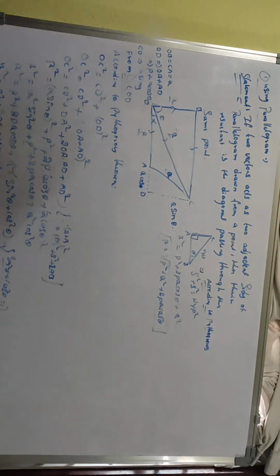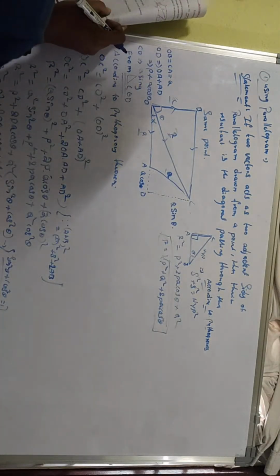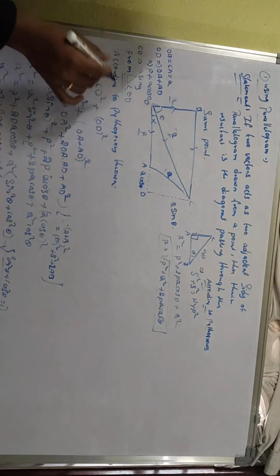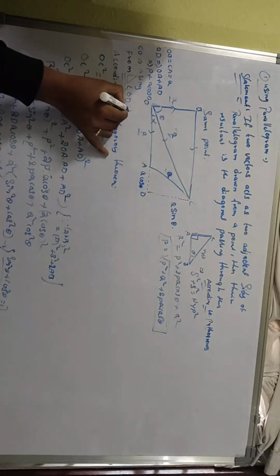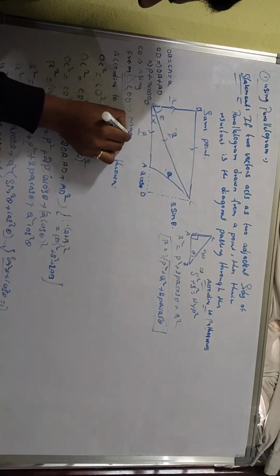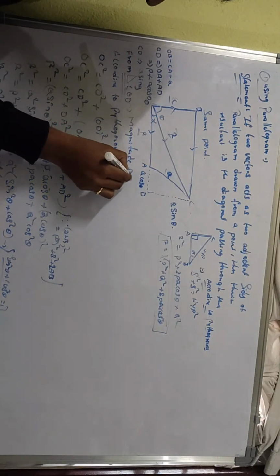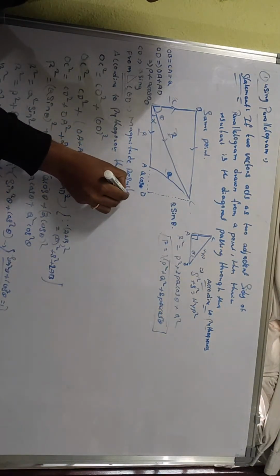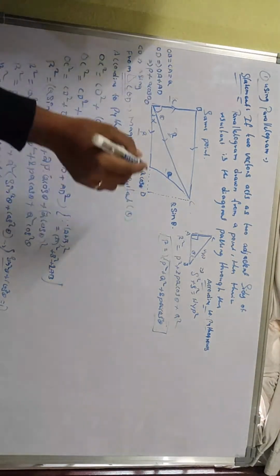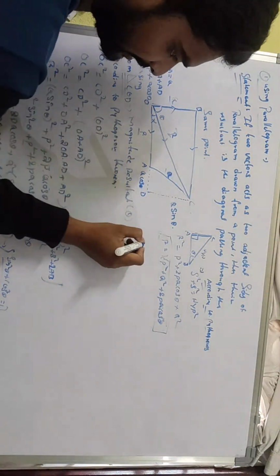Now it's time to find the direction of the resultant. First we did the magnitude of the resultant, and now the direction of the resultant.